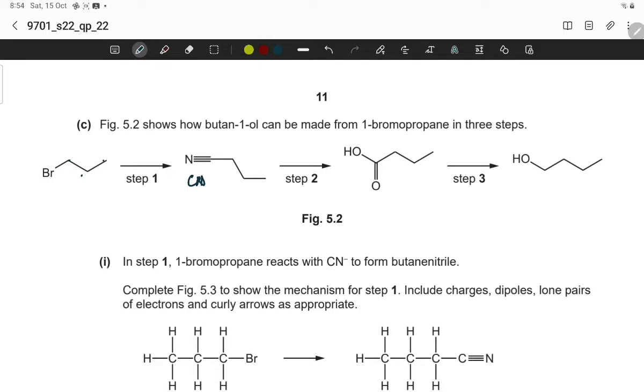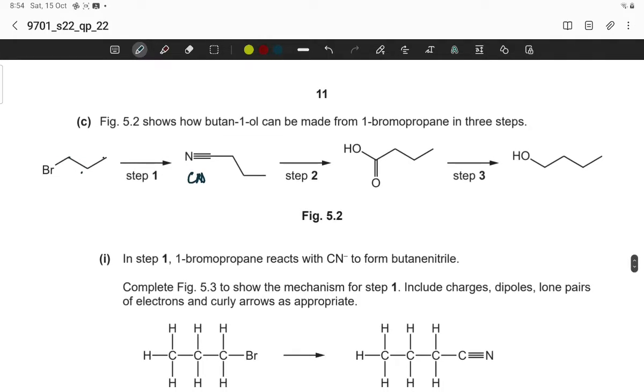The nitrile is heated with HCl and a hydrolysis reaction occurs. So this CN group is hydrolysed and the product is carboxylic acid and ammonium chloride.